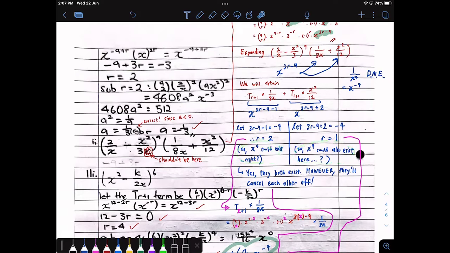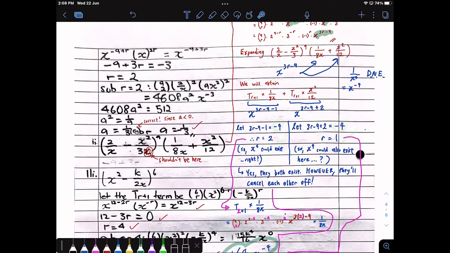Then you again take your T(r+1), you multiply by the first term 1 over 8x, and then you take your T(r+1), multiply by the other term x squared over 12. Then you just focus on the power of x. You get 3r minus 9 minus 1 for the first case, and 3r minus 9 plus 2 for the second case. You just have to equate each of them to -4, and you realize that it is possible to have a specific r value that will give you a -4 power.